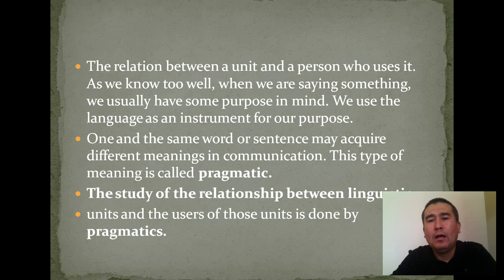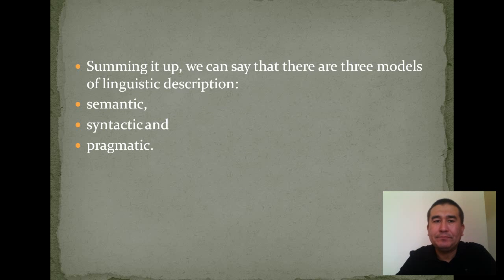So if we pay attention to the place, the context, we can mean different kinds of meanings. The study of the relationship between linguistic units and the uses of those units is done by pragmatics.